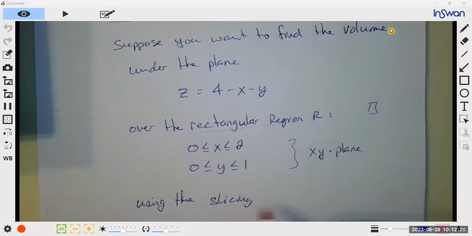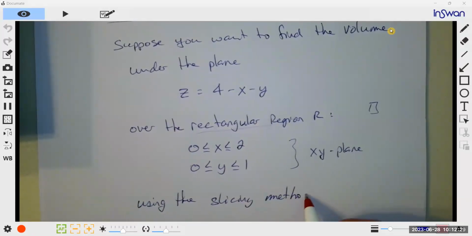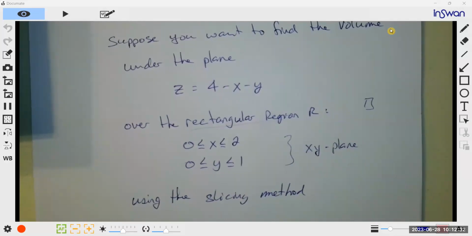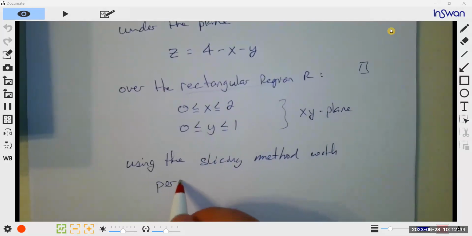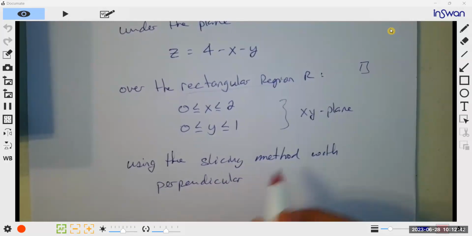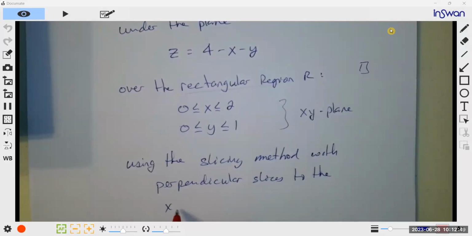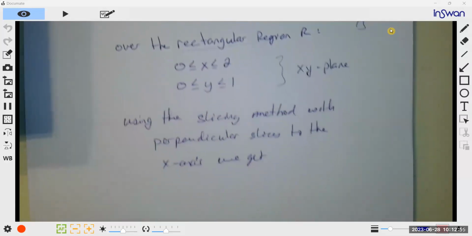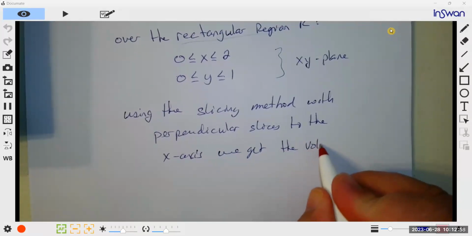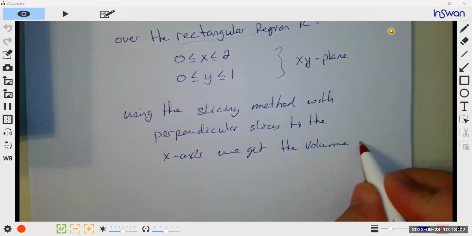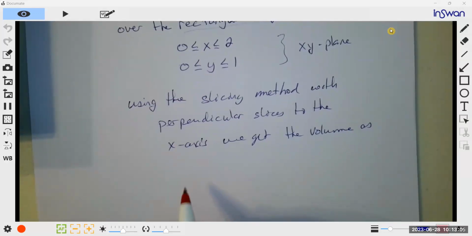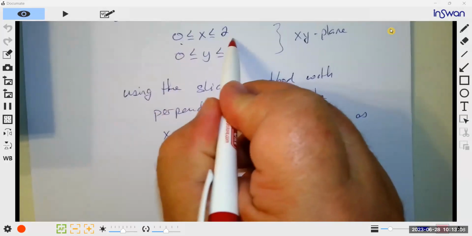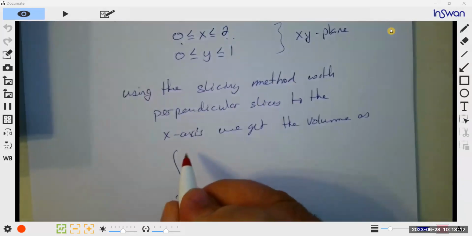Using the slicing method of partitioning, with perpendicular slices to the x-axis, we get the volume as being, remember, with respect to the x, it goes from 0 to 2.